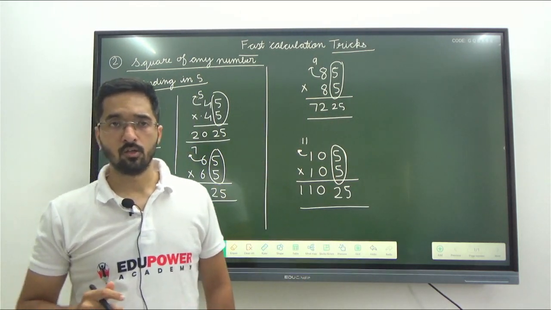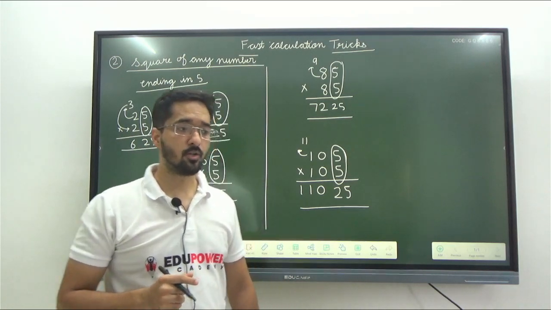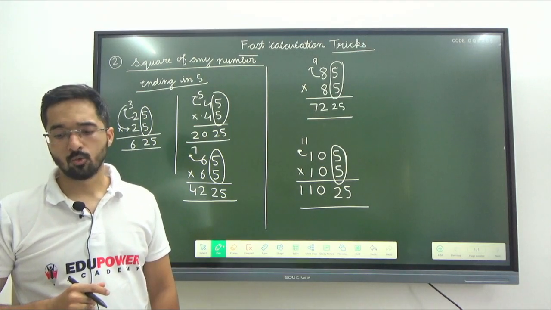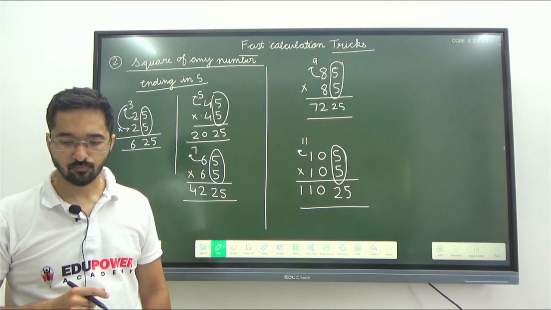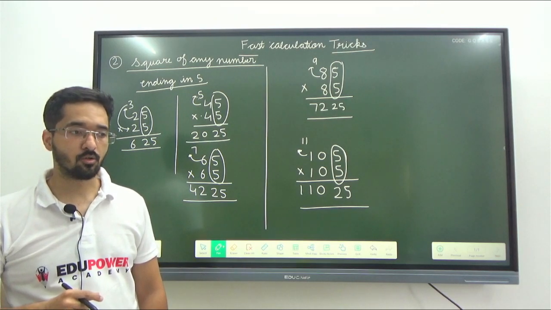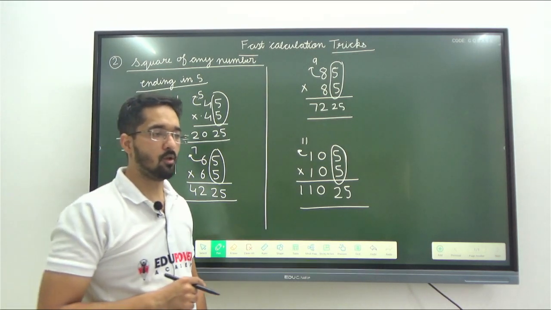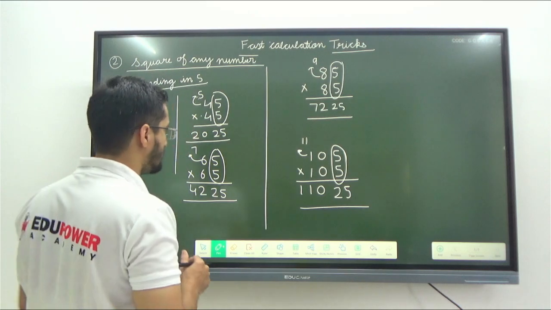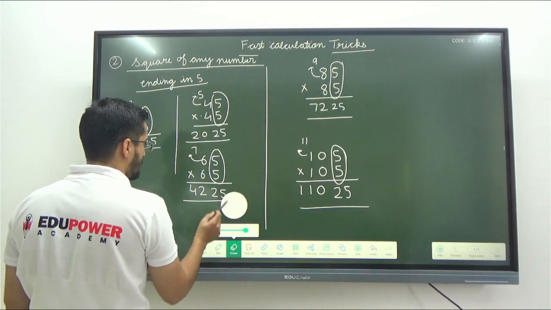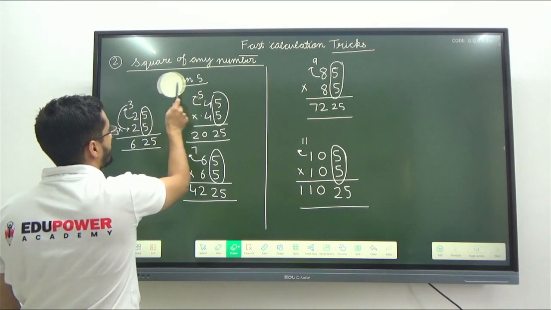You are able to solve the questions, right. Otherwise, it would have taken a lot of time for you to solve these questions. Fine. Should I move on to the next trick? I hope each one of you is understanding what we are solving here.